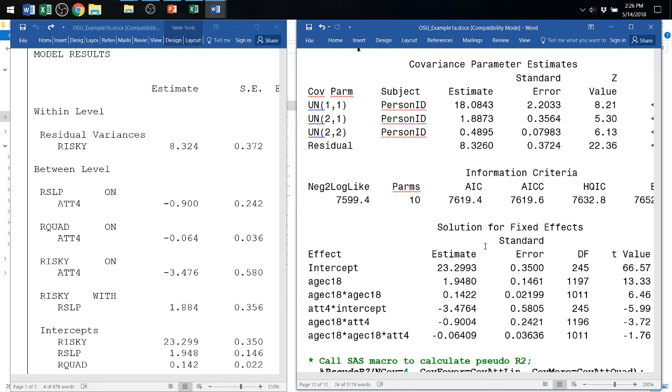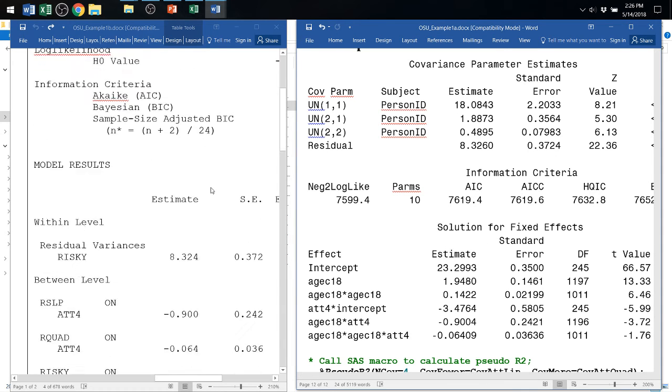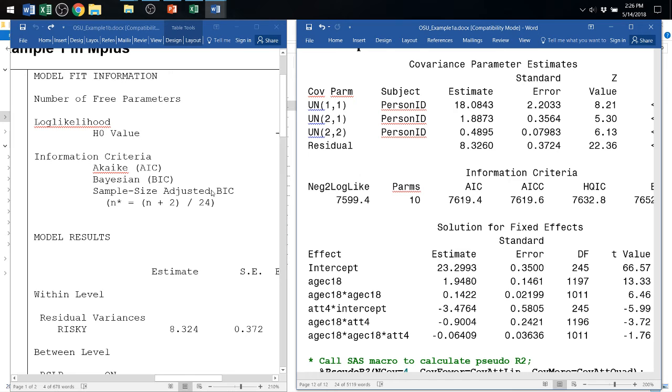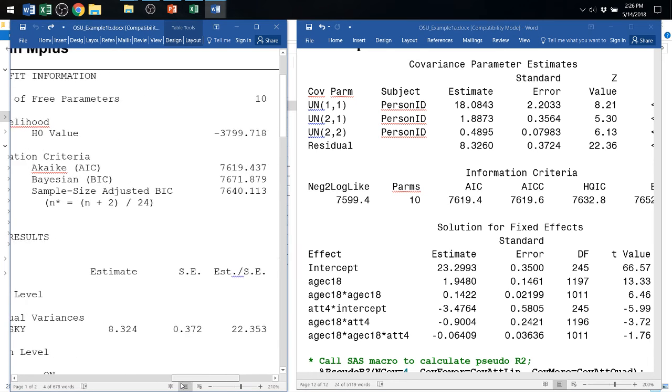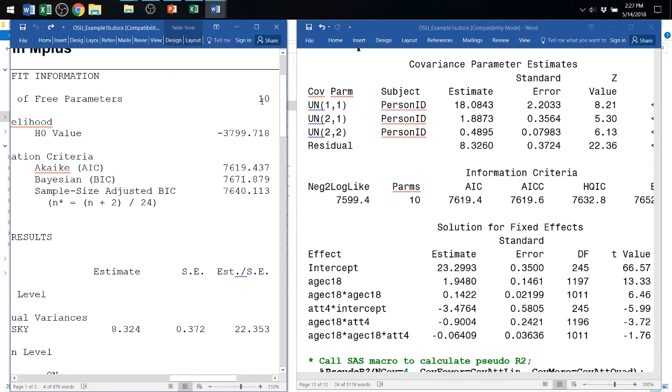Okay, so I have the output from SAS from the very last model next to the one from M+. This is the same model. So we have 10 parameters, 10 parameters. Log likelihood in M+, that's your H0 value, that's yours.